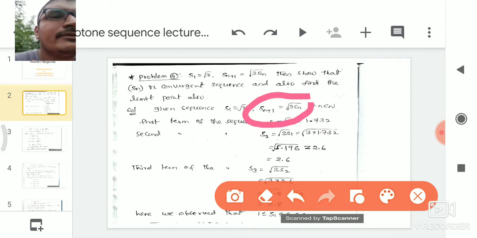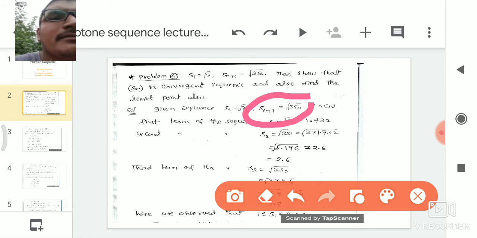So we get S2 is equal to root of 3 into S1, which is root of 3 into 1.732, that is root 5.196. Actually the value of root 5 is 2.5 something, so here root 5.196 is approximately equal to 2.6.